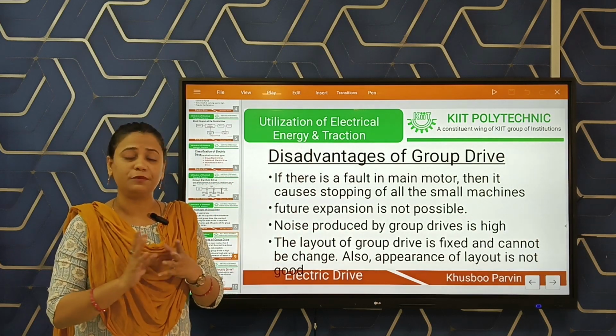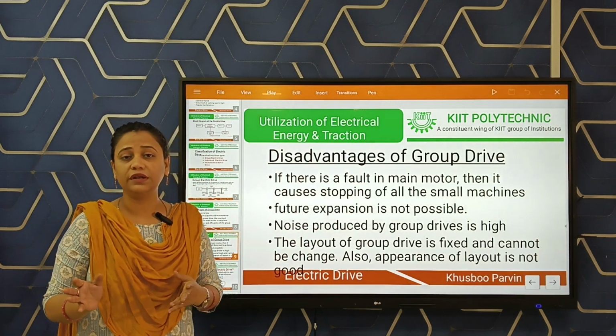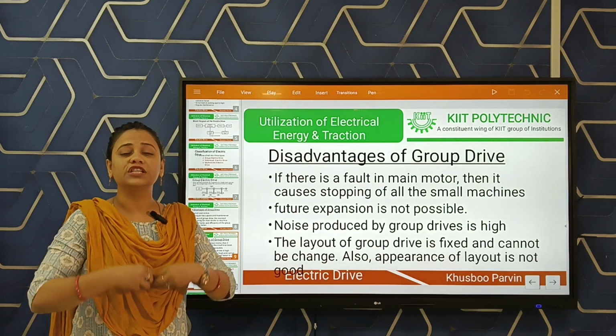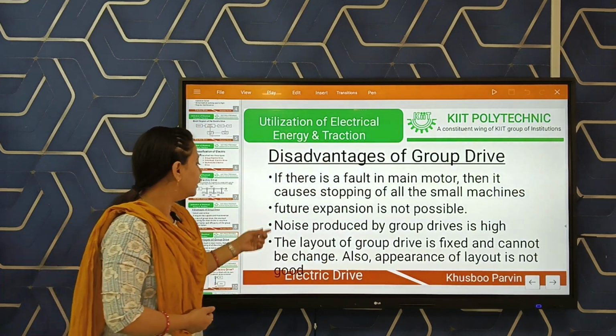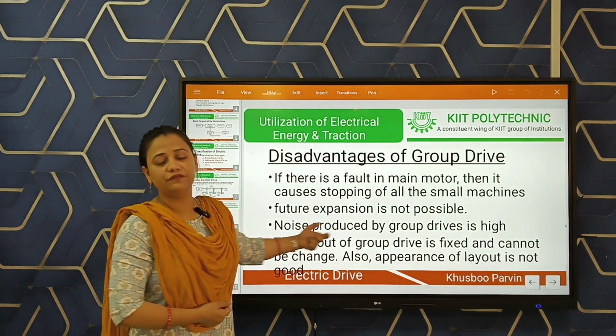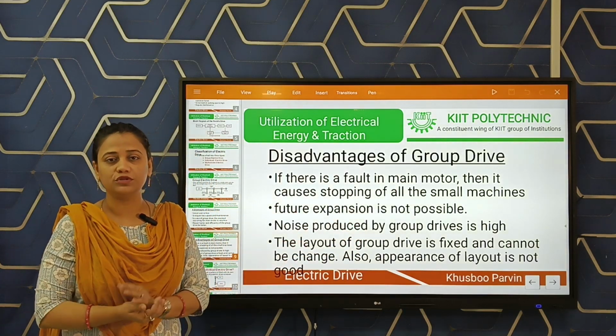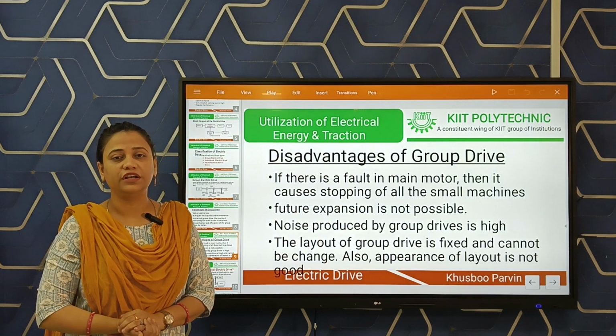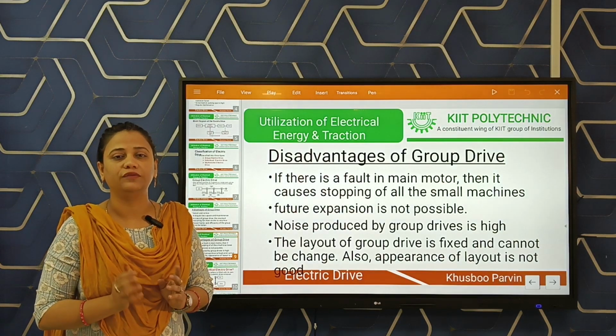As a result, its appearance is also not good because of the layout. And since the layout is fixed, further expansion is also not possible. So these are the disadvantages of group electric drive.